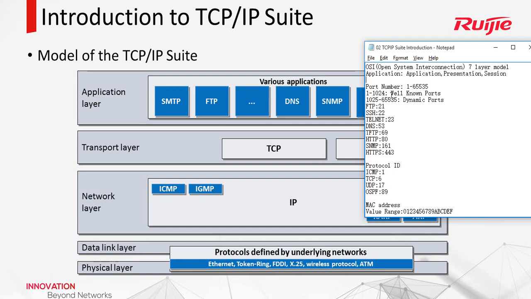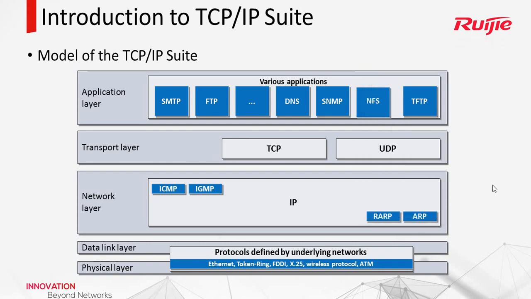From 1 to 1024, we call them well-known ports. After that are the dynamic ports. For example, FTP uses port number 21. Telnet uses 23, HTTP uses 80, and HTTPS uses 443.